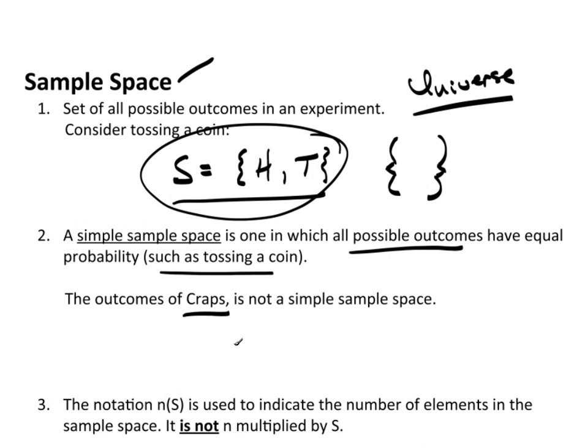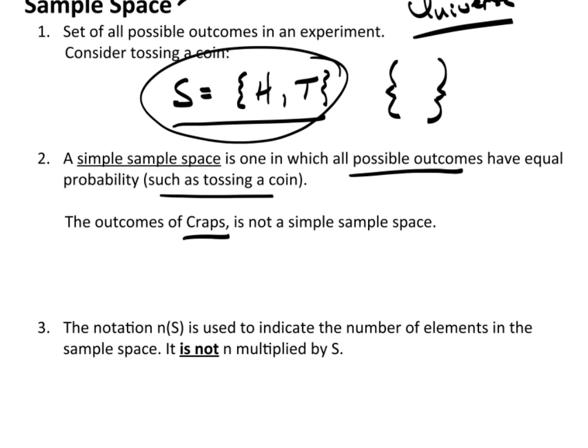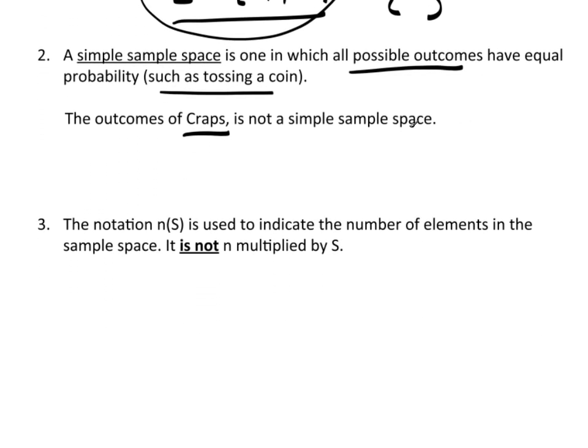And the probability of getting a 2 is not the same as the probability of getting a 7. If you roll two dice and add them up, the smallest you can get is a 2, because 1 and 1 is the smallest you can get on both dice. 1 and 1 is 2. And the biggest you can get is a 12, because the largest number on a die is a 6. And actually, we're going to enumerate the sample space for craps shortly, I think in another video.